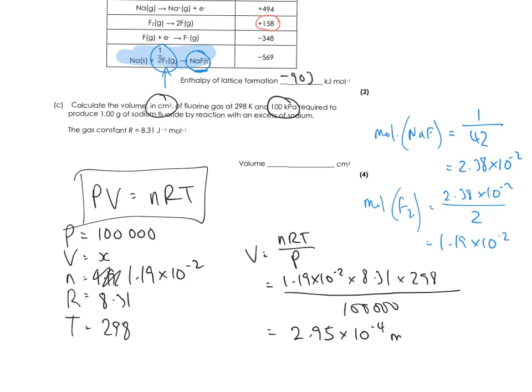Now remember, that gives us it in metres cubed for our volume, and the question has asked for centimetres cubed, so we need to times that by a million, and that'll turn it into 295 centimetres cubed.